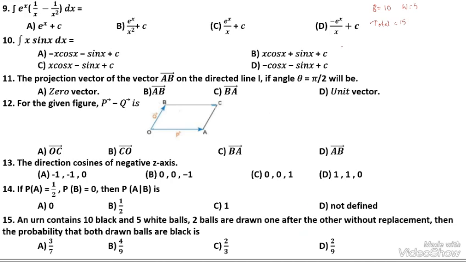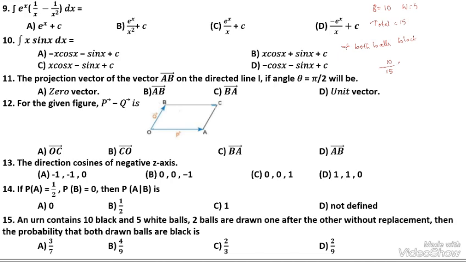Here we can select both black. So totally 15 balls. When we select one ball out of 15 balls, the first ball should be black. How many chances? 10 chances, because there are 10 black balls.